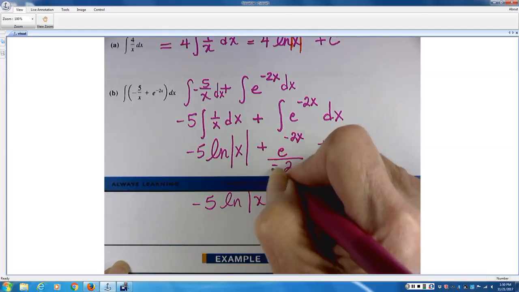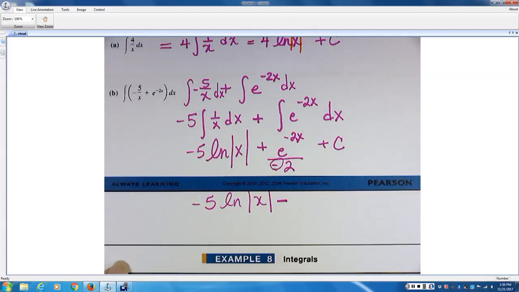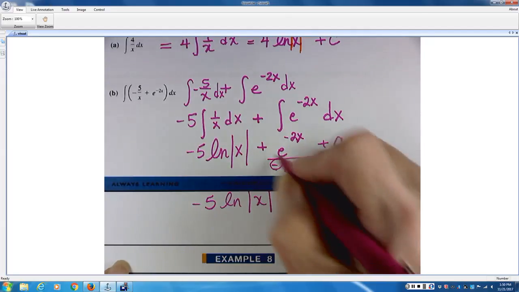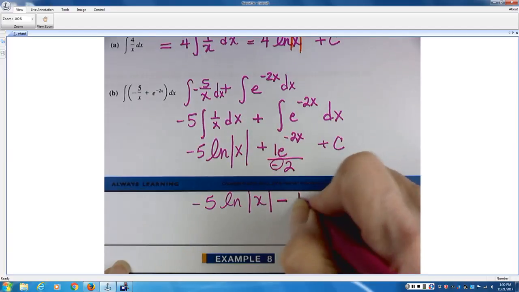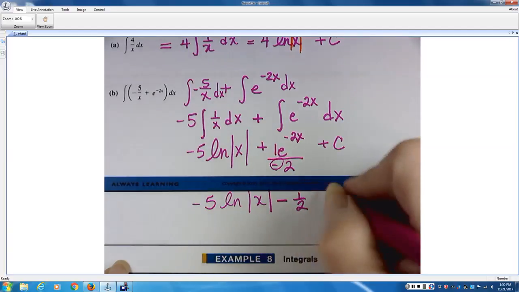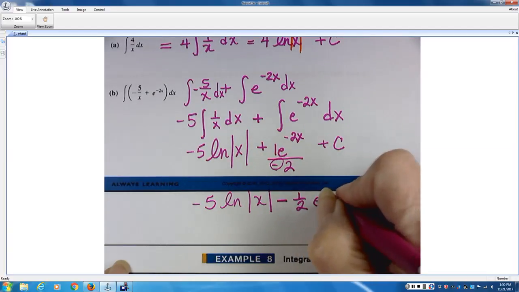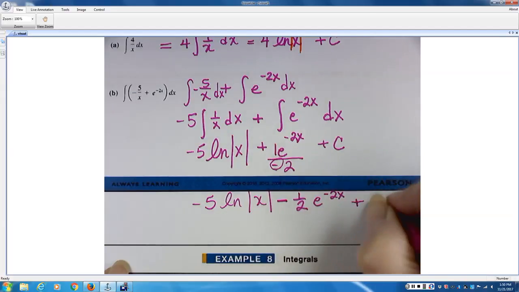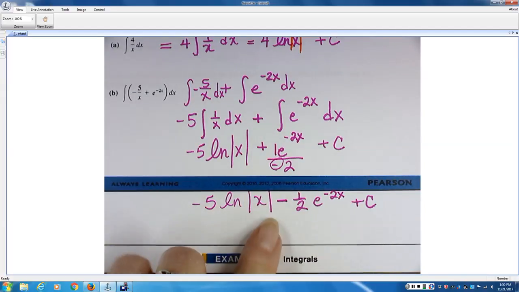It might look better to you if you wrote it this way. Since this is negative, make that a subtraction. And since this is 1 over 2, just pull it out and call it 1/2 times e to the negative 2x plus c. And that may be more like what an answer that you would see in the back of the textbook if they totally simplified it.